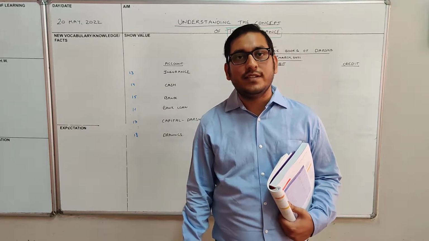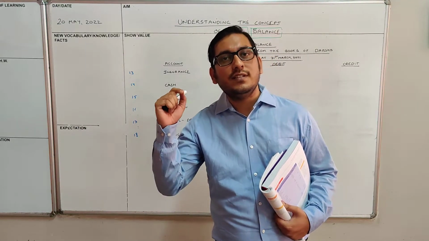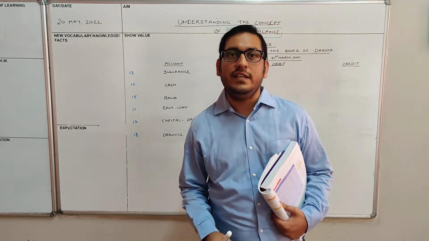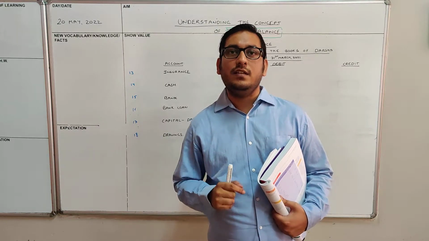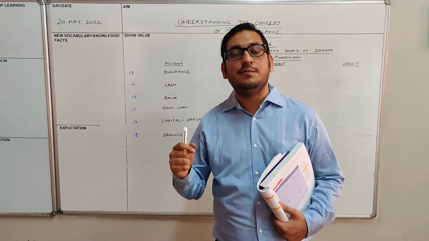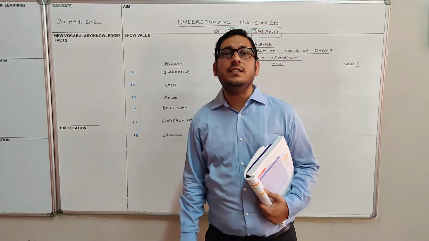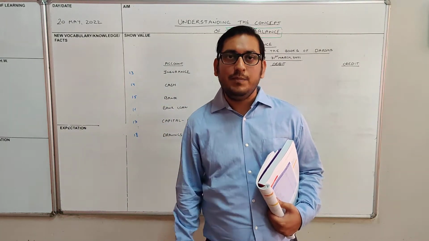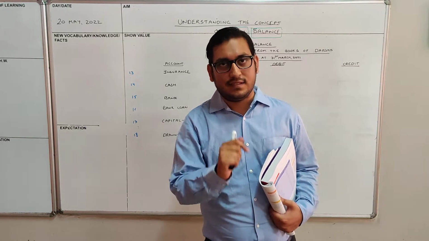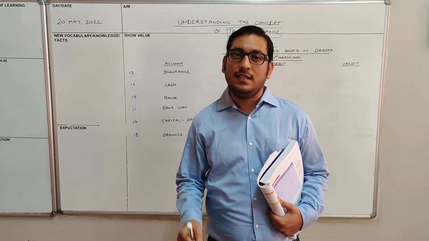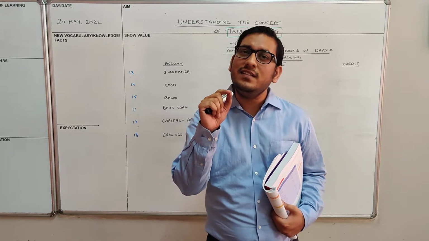When I take insurance for my business assets, my stock, inventory, plant and machinery, I have to book an expense in the business account. So the insurance premium is an expense for the business, and expenses will always have a debit balance.